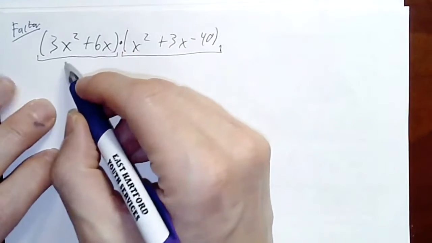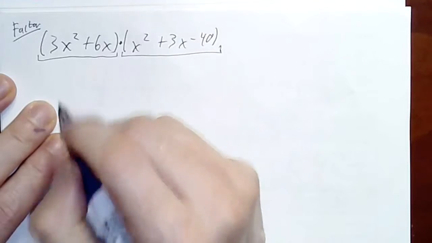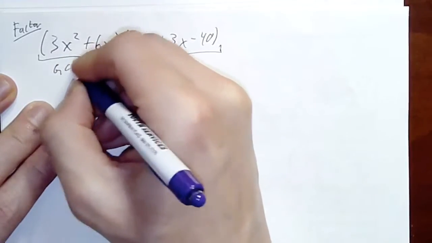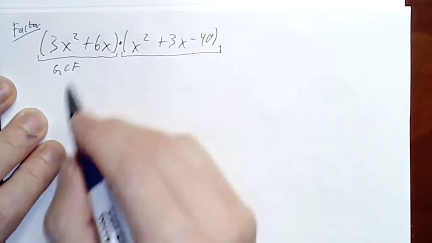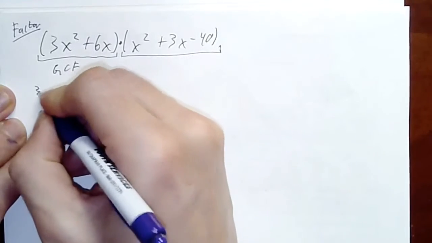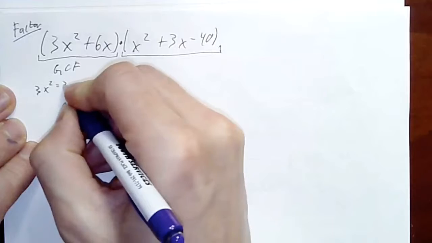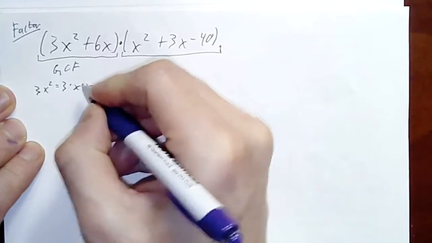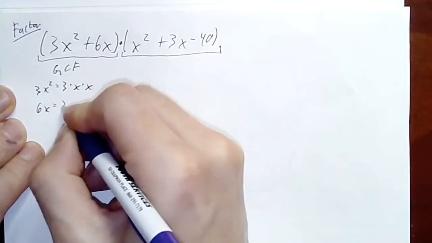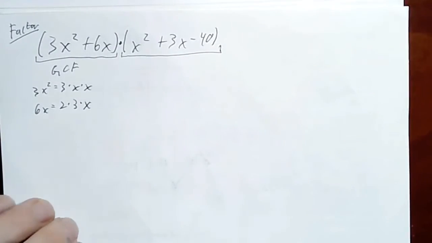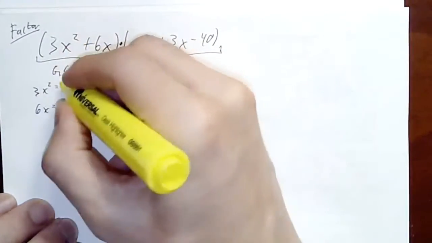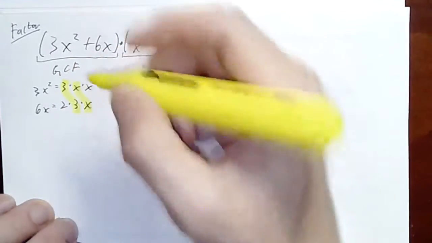We have here 3x squared plus 6x, and we want to find the GCF for this one. So I'm going to really quickly write out 3x squared and 6x in their prime factorization forms. 3x squared is the same as 3 times x times x. 6x is the same as 2 times 3 times x. And I note that in both of these two terms they both have a 3 in common and they both have an x in common.